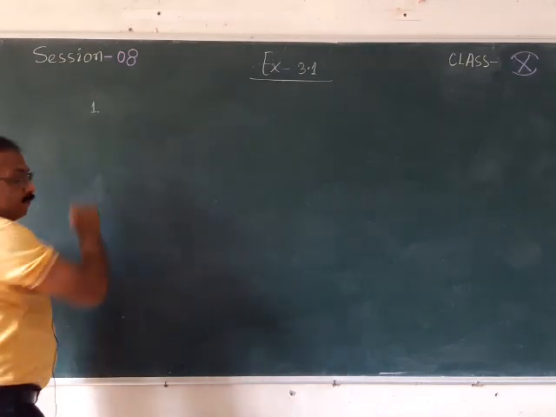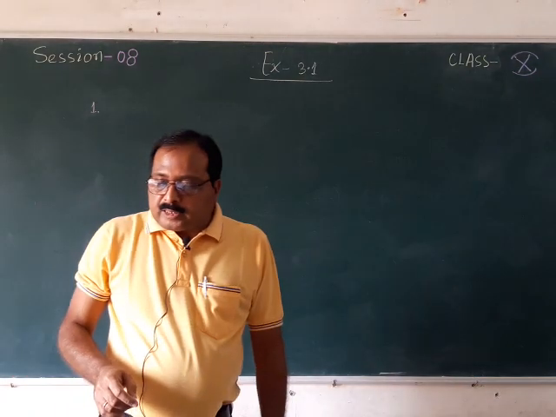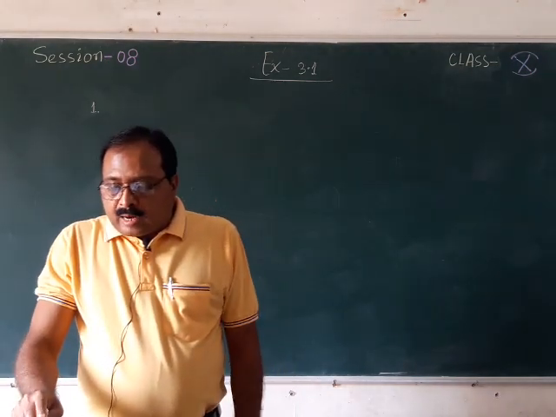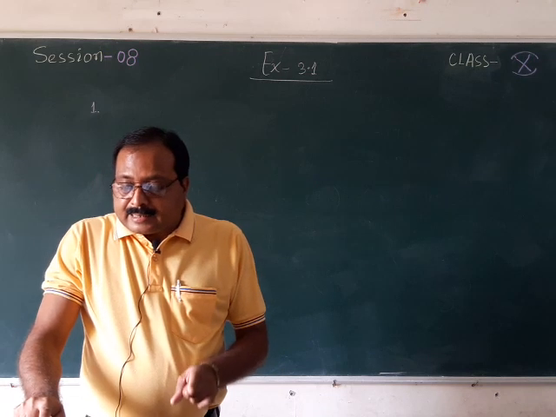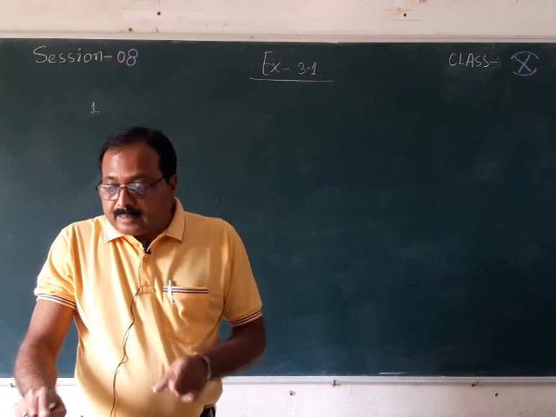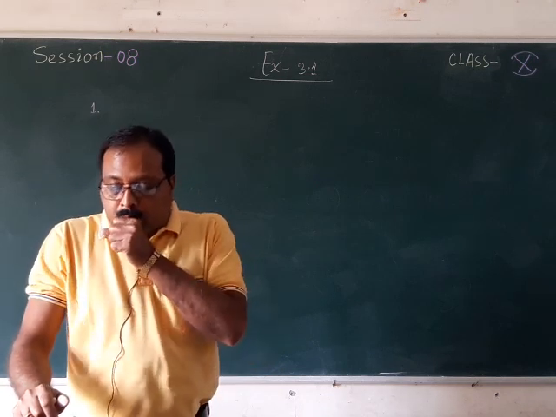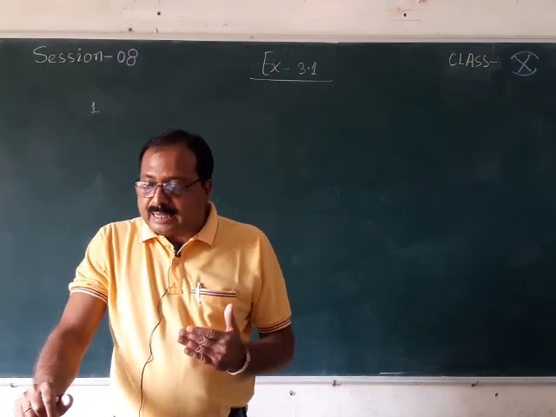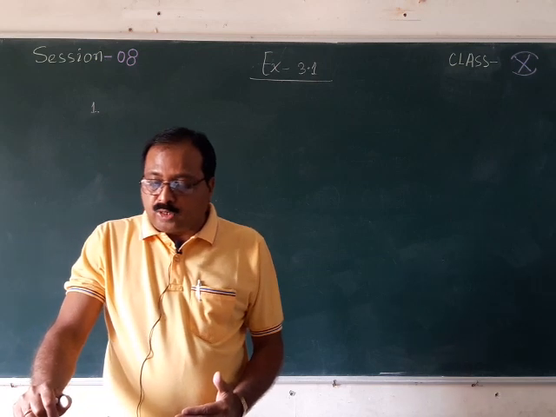In question number 1, Aftab tells his daughter, 7 years ago I was 7 times as old as you were then. Also, 3 years from now I shall be 3 times as old as you will be.